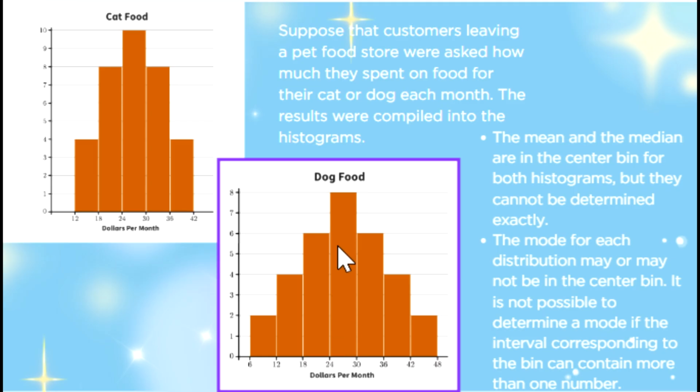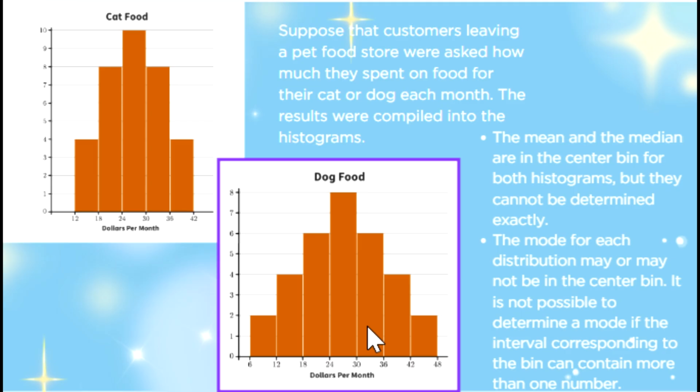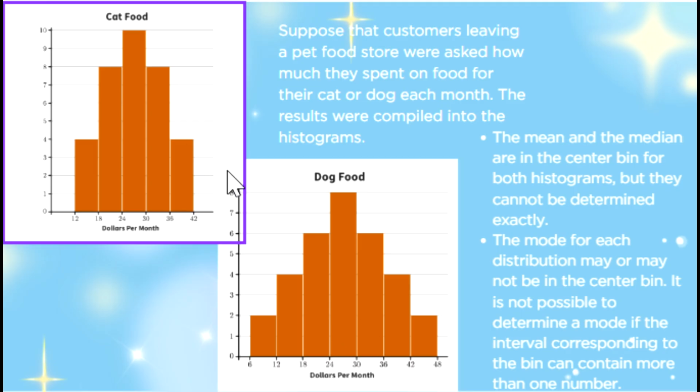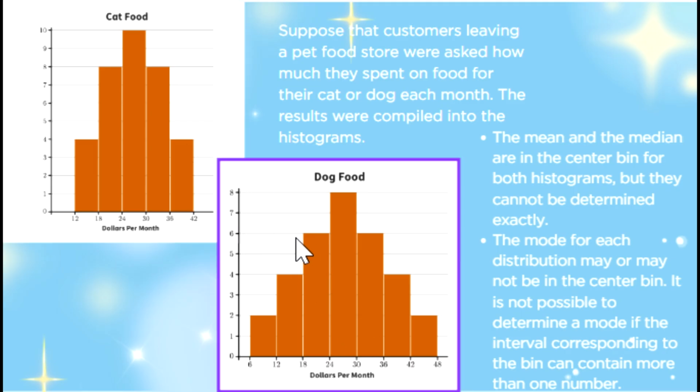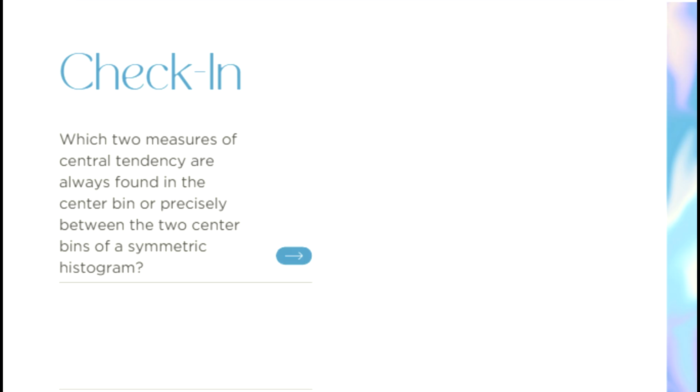Even though this has 8 responses and this has 6, there might be 6 and they might all be the same number in here, and these might all be different numbers. So the mode could be here. If you don't have individual data points, like on a dot plot, you can't make specific determinations on these. With a histogram, you're never going to know what the mode is unless you have the actual number set or list. Here's a check-in.